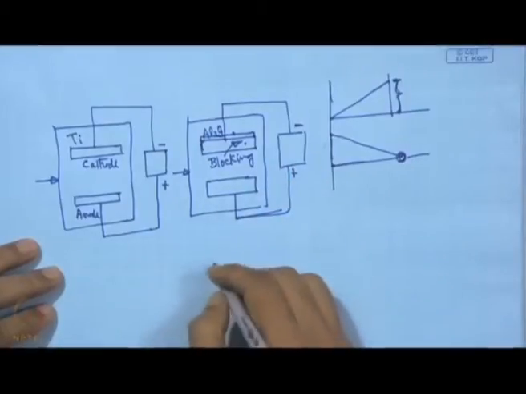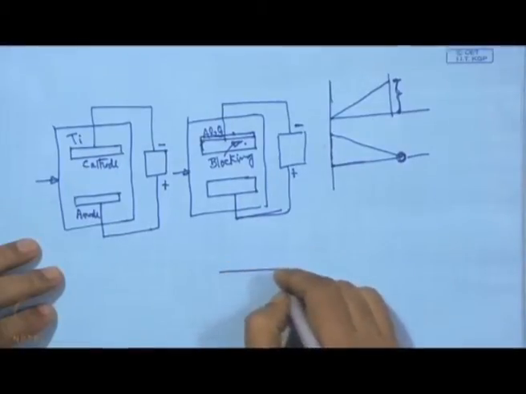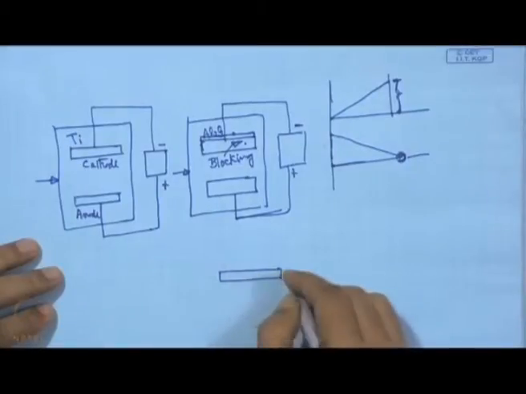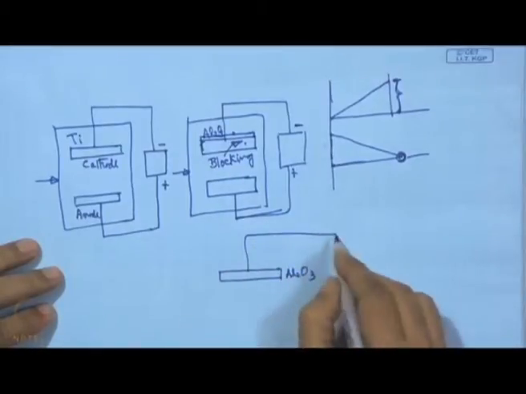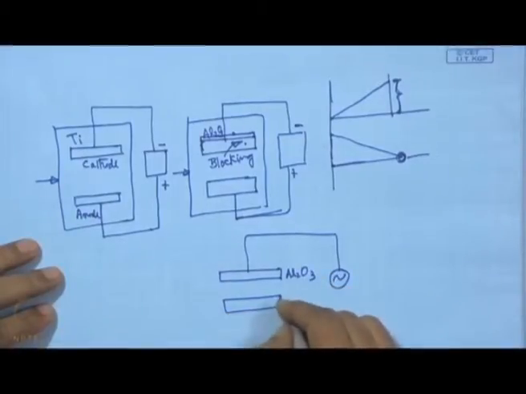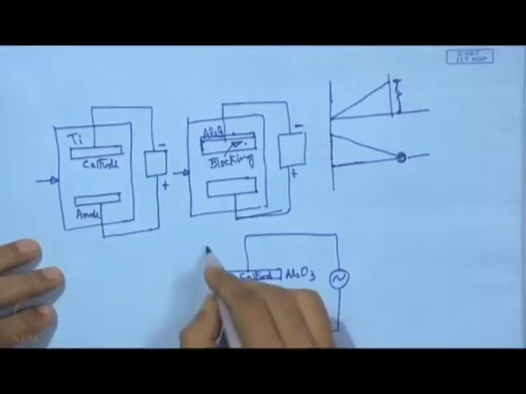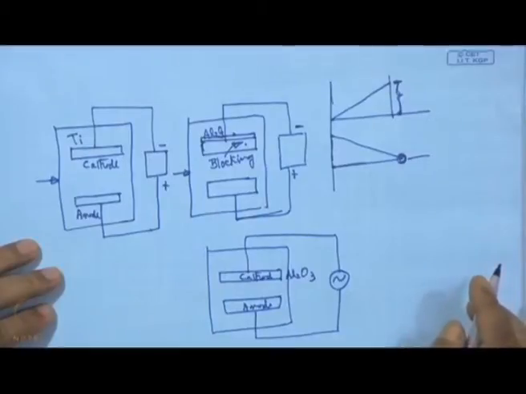But if we apply an alternating supply against this non-conducting electrode, with this as the cathode and this as the anode, what can we see?